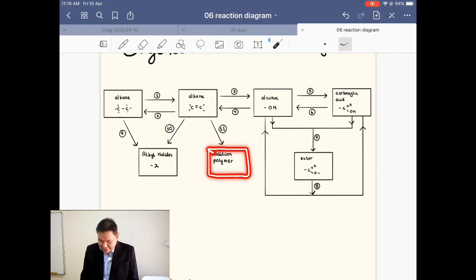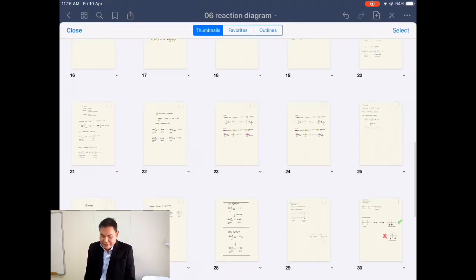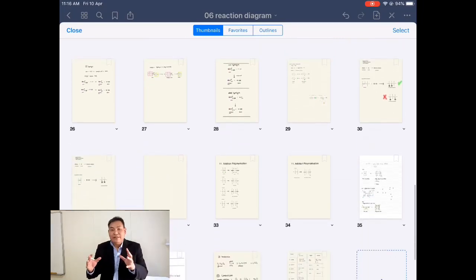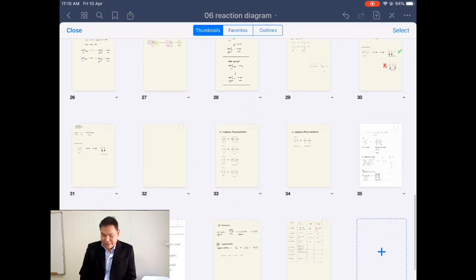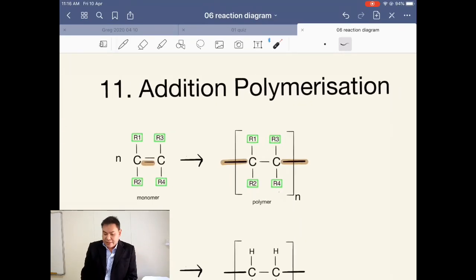Okay, I explain that. Now, this one. Addition polymerization. Let's say you have an alkene with a double bond, and one of the bonds I mark with brown color, and you can add catalyst. The catalyst itself is not in syllabus.